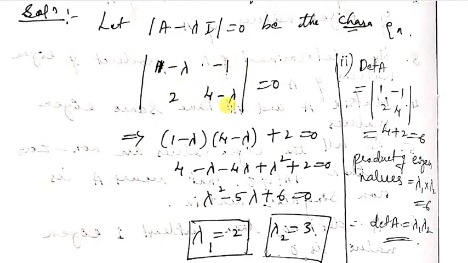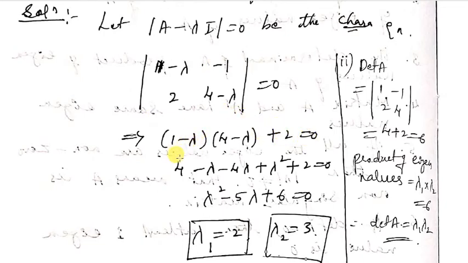Now find its determinant and equate to 0. Expanding this determinant using the cofactor formula with respect to the first row gives 1 minus lambda times 4 minus lambda, minus into minus plus, 1 into 2 is 2, which is equal to 0.